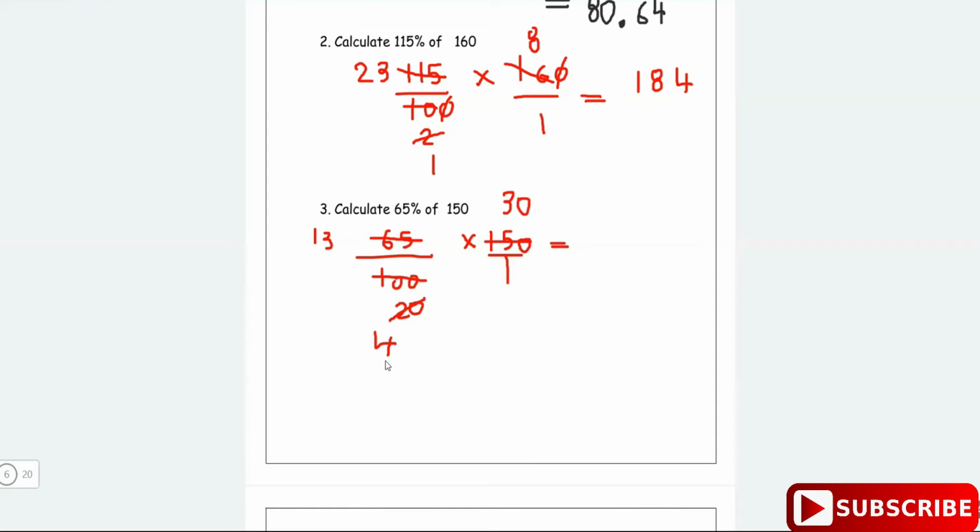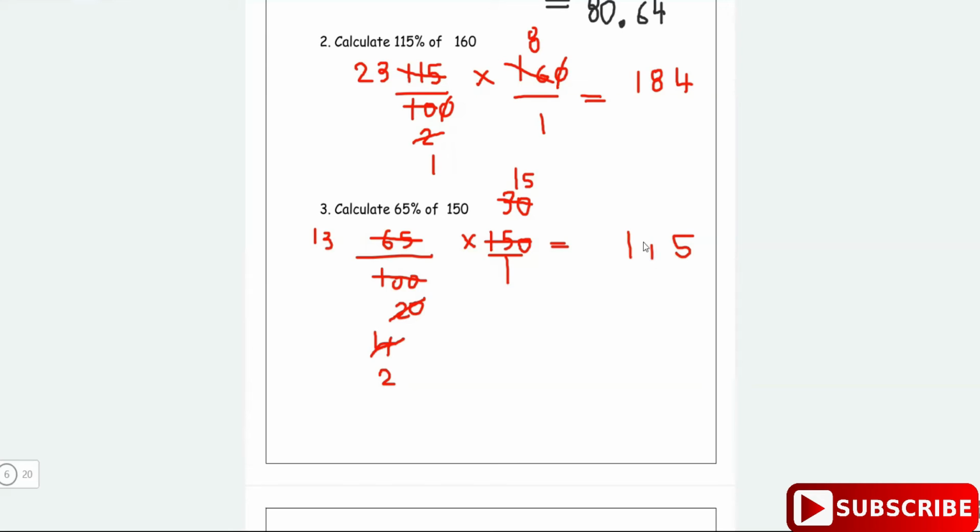But we can simplify it some more, because look at this. 2 into 4 goes 2 times. And 2 into 30 goes 15 times. So now we can multiply across the numerators, 13 times 15. 15 times 3 is 45. Put a 4, then 15 times 1 is 15 plus 4 is 19.